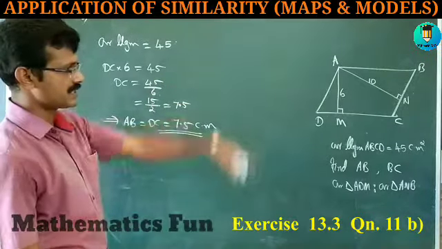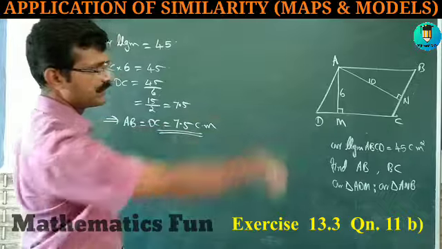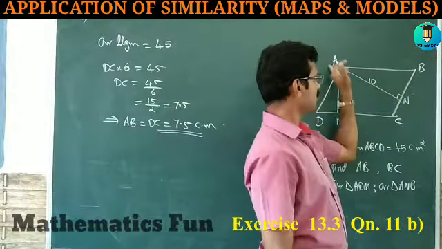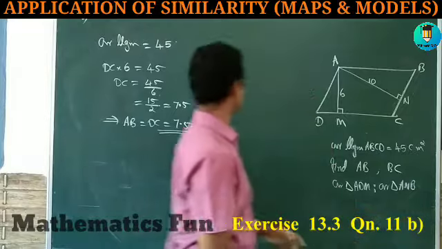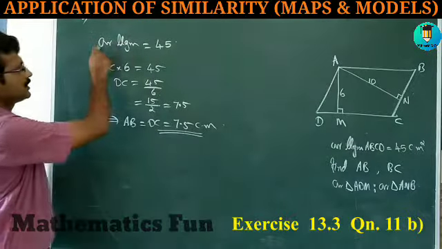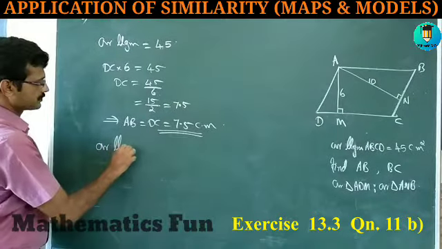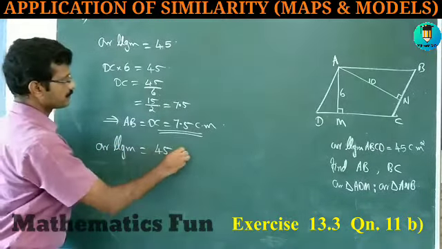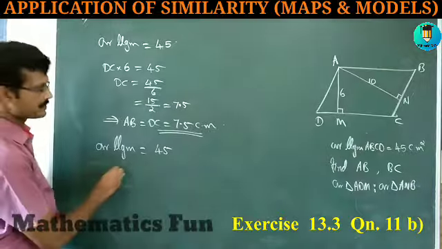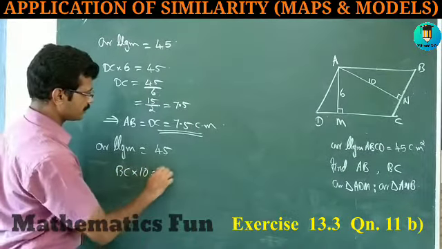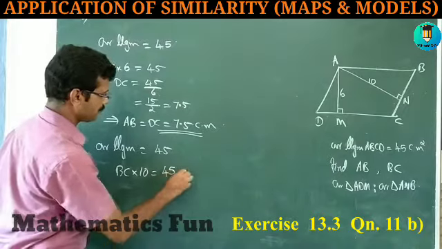Now next we need the side AD, BC. Again, if I take BC as the base, the height is AN. So once again I will go by the same formula, that is area of parallelogram. Area of parallelogram is given 45. Area can be replaced with BC into the height, where height is 10, is equal to 45.